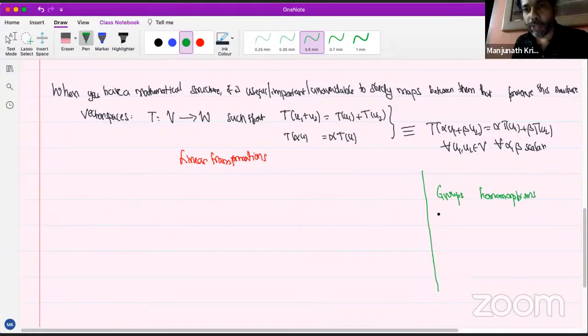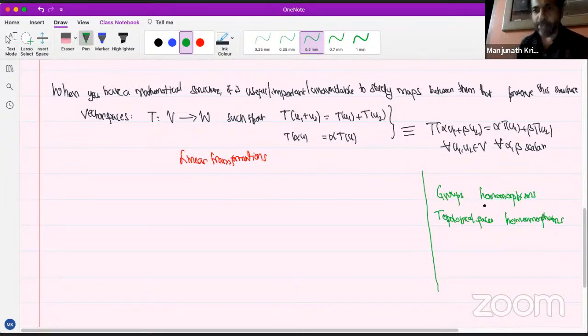When you are talking about, let us say, metric spaces or topological spaces, these are called homeomorphisms. There, the structure is of open sets, and homeomorphisms are continuous functions whose inverse is continuous. Well, it depends on how you define it, but let me just write homeomorphisms.